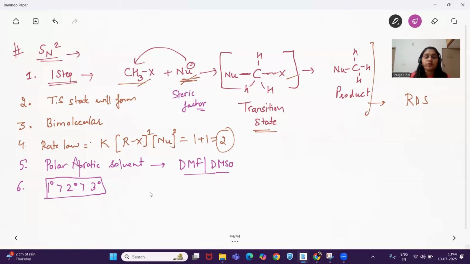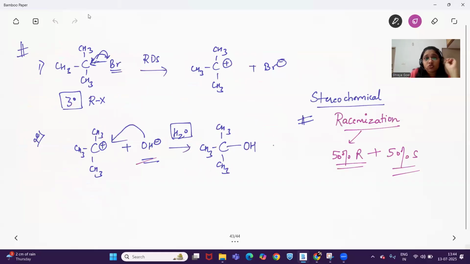If you take a 1 degree alkyl halide, and if you take a 3 degree alkyl halide, as we have studied in SN1, you can see in the 3 degree alkyl halide the carbon is containing 3 methyl groups, which occupy more area. So it will be harder for the nucleophile to approach and attack the carbon.